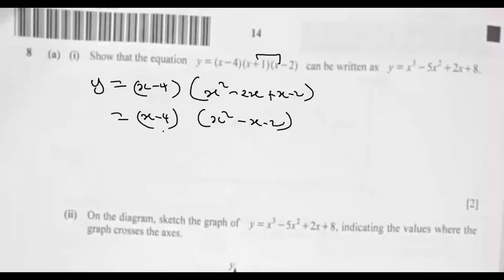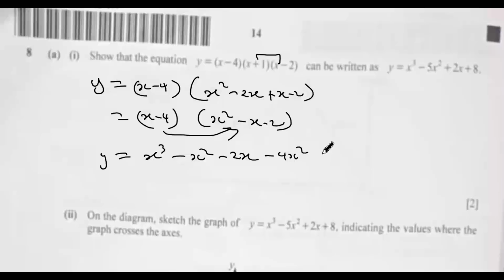Then we can now use this to expand this. So we're going to have y equals x cubed minus x squared, that is x times x squared. So x times minus x, then x times minus 2, that will be minus 2x. Then we'll use minus 4 to multiply the three terms here. That will be minus 4 times x squared, so you have minus 4x squared.